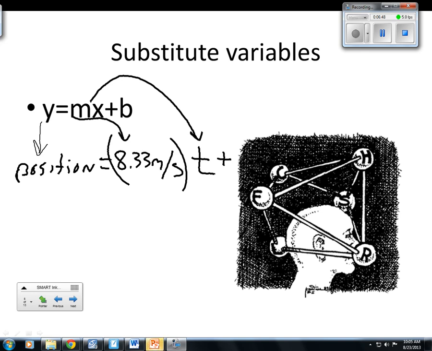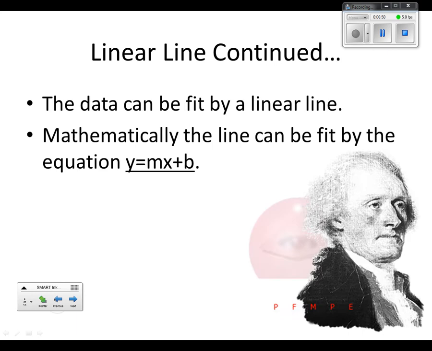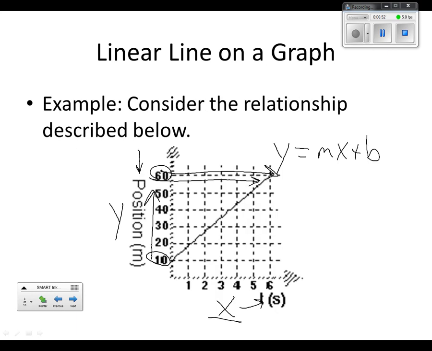To find our y-intercept, you just come over here, and our y-intercept is right here. It's the value of y when x is equal to 0.